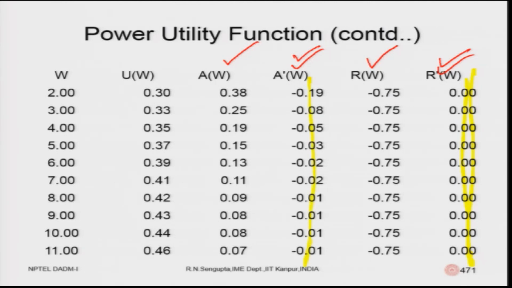So, technically the conclusions we arrived at using the power utility function, we double check that it really comes out to be true, as we substantiate that using a very simple hypothetical calculation or experiment.